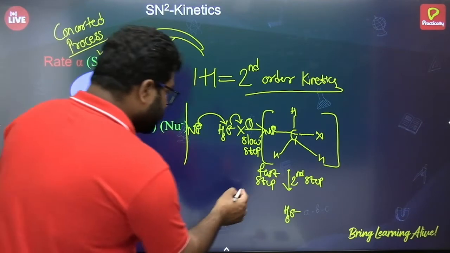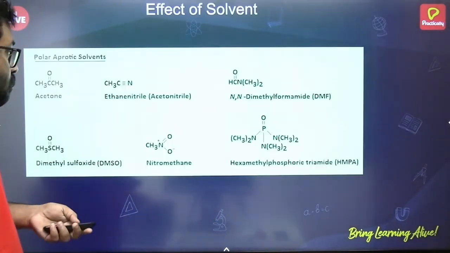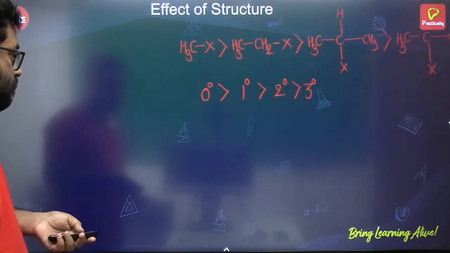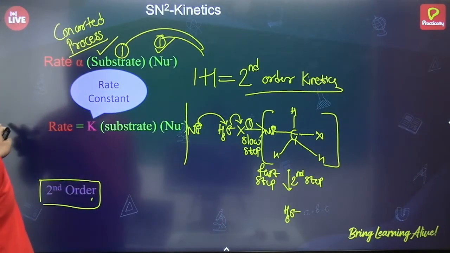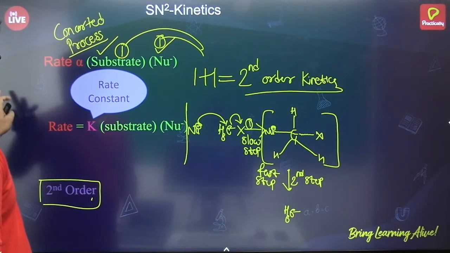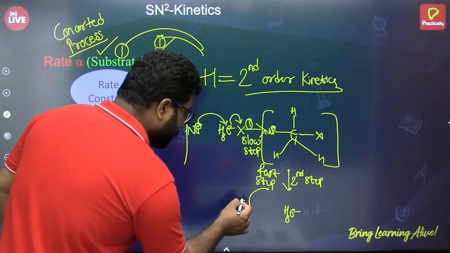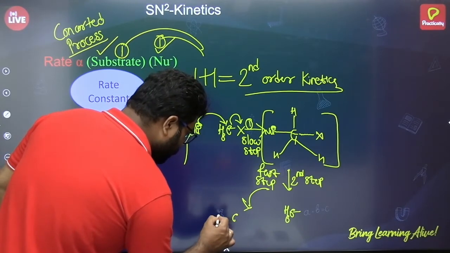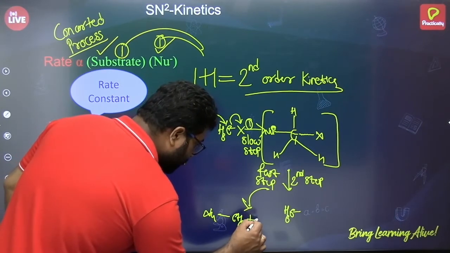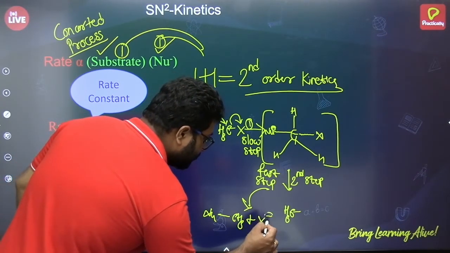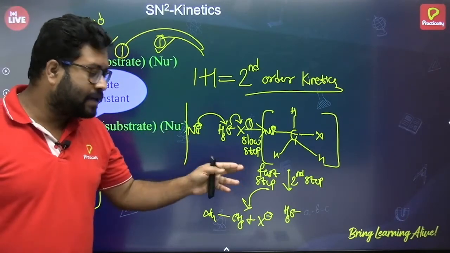So basically what has happened here is that now your nucleophile has come here and you get CH3Nu, and your X minus has departed. Okay, we know this. The first step is a slow step, the second step is a fast step.